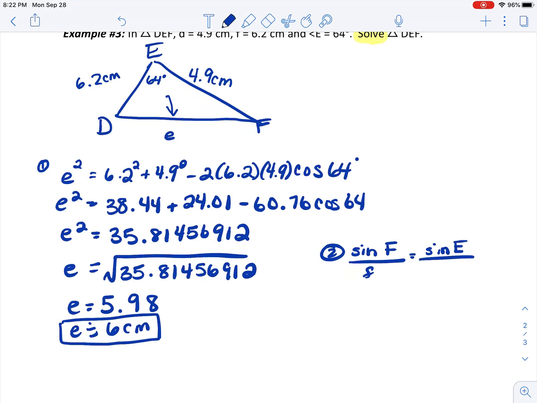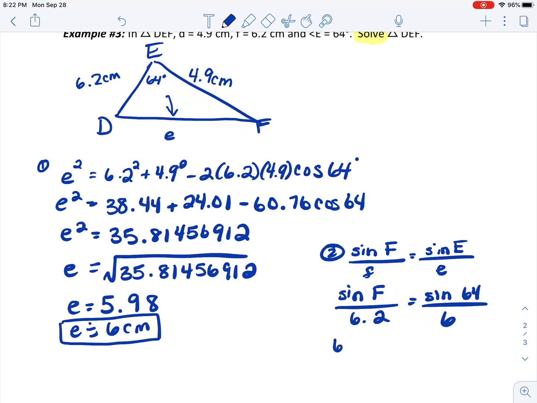I know angle E and side E. So I'm going to find angle F, and I just picked F. You could have picked D if you wanted. And I know E is now 6.